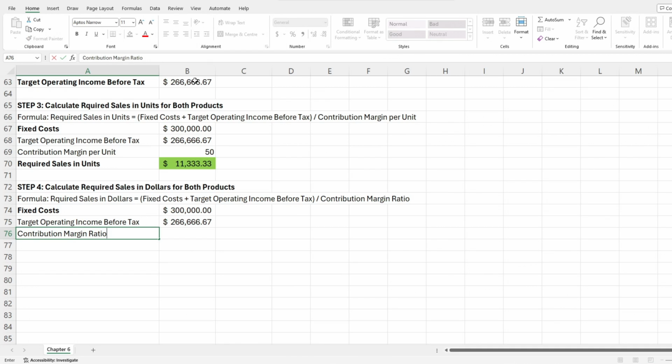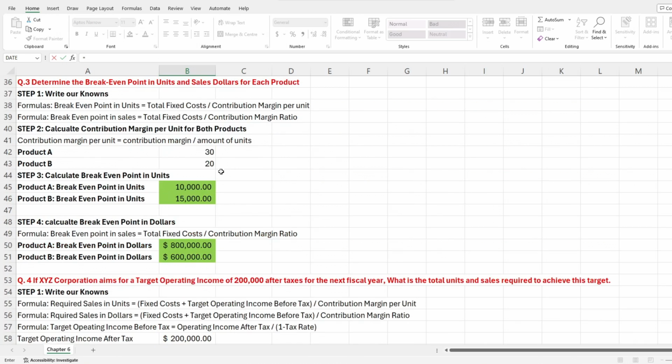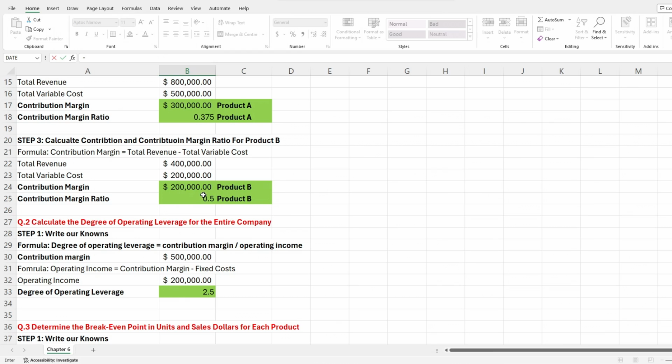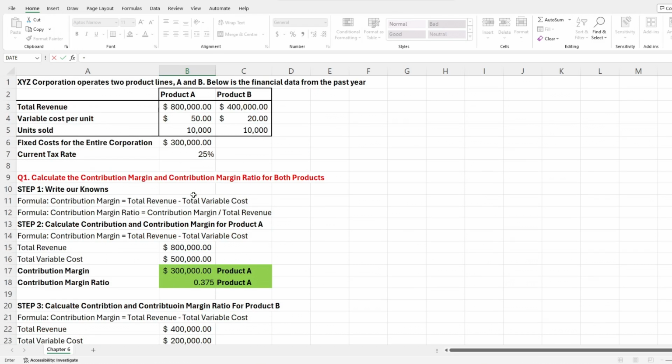So this is a little different. Since the ratio we calculated is related to total revenue for each product, we can't use these ones. So we'll just use the same formula, contribution margin divided by total revenue.